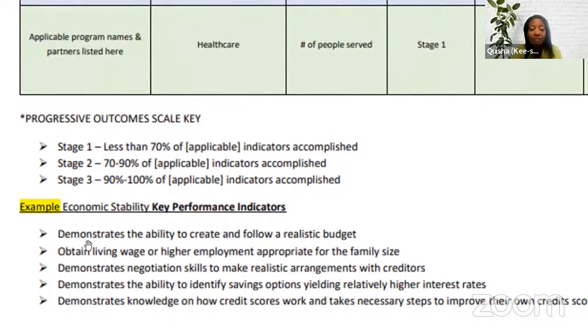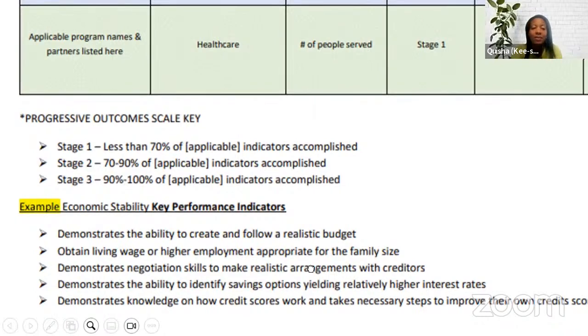The first one is demonstrates the ability to create and follow a realistic budget. The second is to obtain a living wage or higher employment appropriate for the family size. Demonstrates negotiation skills to make realistic arrangements with creditors. Demonstrates the ability to identify savings options yielding relatively higher interest rates.